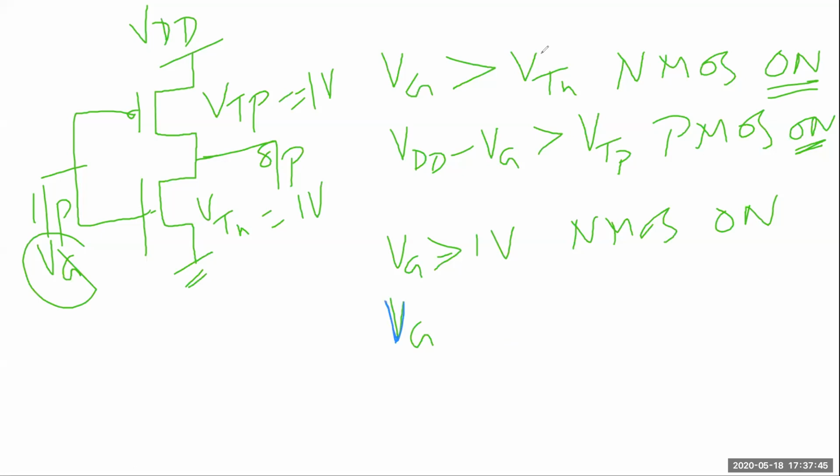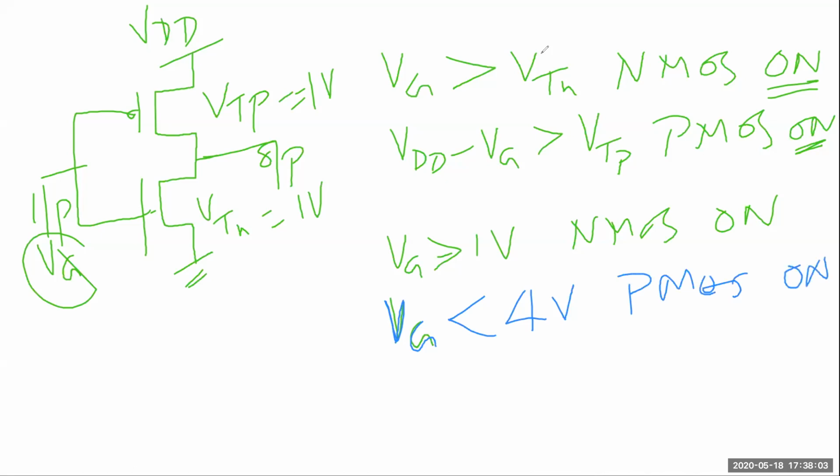I can say VG is on when it is less than 4 volt. Am I right? Just correct me if I'm wrong. Yeah, that's correct.